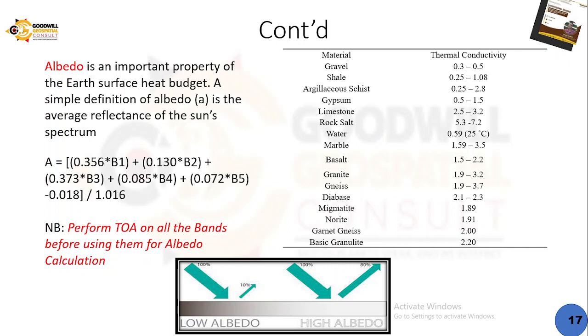So once you identify a thermal conductivity or an apparent thermal inertia of 2, then it should tell you that the material there is a garnet gneiss. For norite it is 1.19. So we can map these materials from the images based on these values. Then we are good to go.